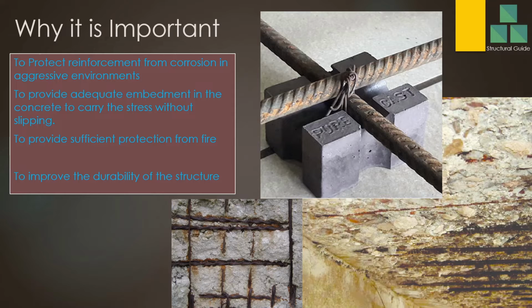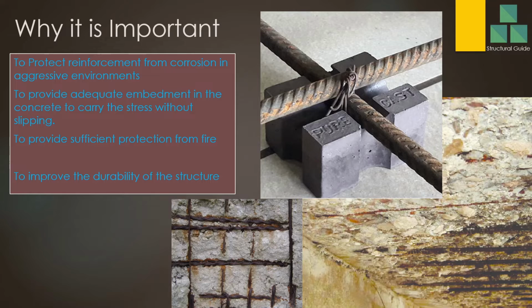There are requirements depending on the bar diameter: we have to provide at least a cover equal to the bar diameter. With that, it provides adequate transfer of stress, so it acts as a composite in the concrete.